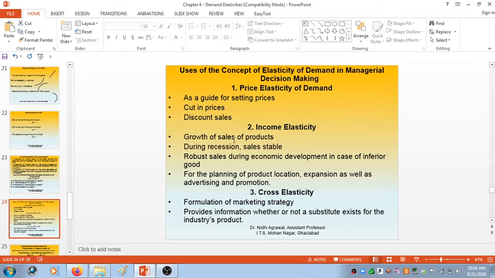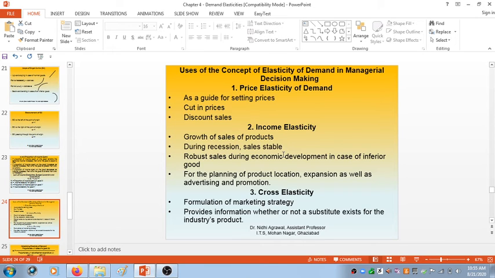Income elasticity, growth of sales of products. If the income of the people is going to increase in the market, and the people are more income sensitive, more income sensitive means if income is more, then they will demand more, right? So the sale of the product will increase. During recession, sales will be stable, because during recession it has generally been observed in the market that there is no scope for further income increments, right?